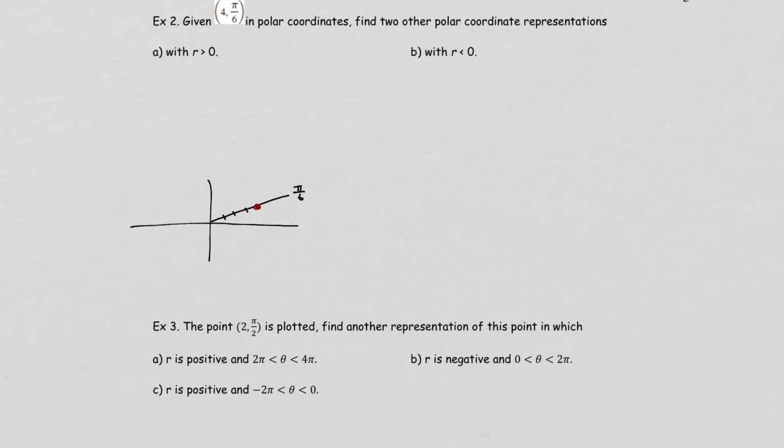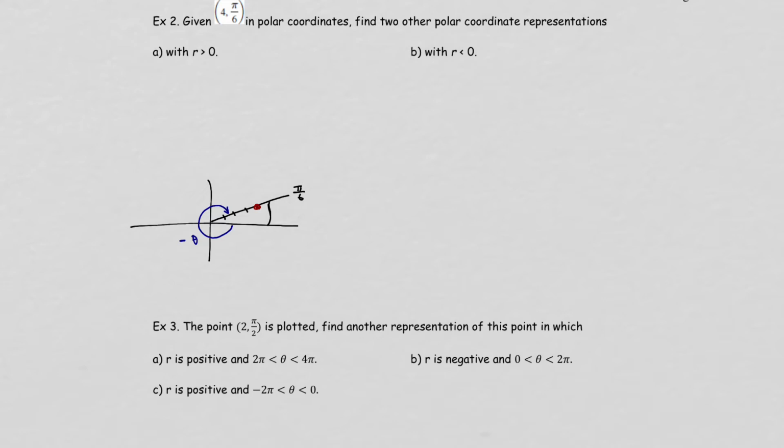But with that positive, we can also show the negative angle. How do we show negative? We could go from here in this direction to find the negative angle, right? And that negative angle, how do we find it? We can do 2 pi minus pi over 6 because this is pi over 6, right?